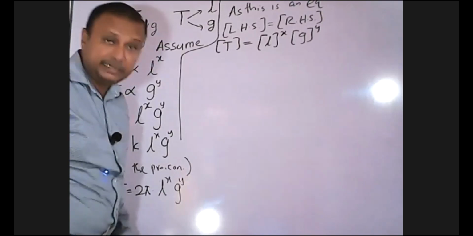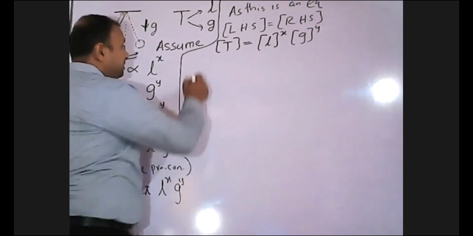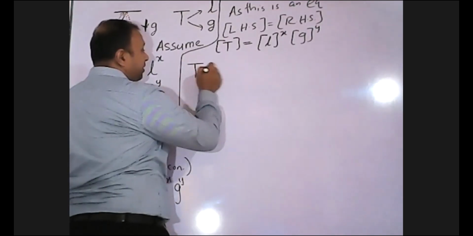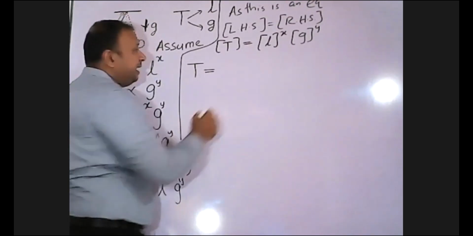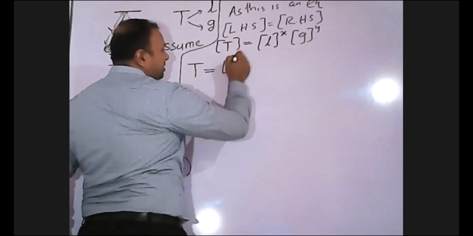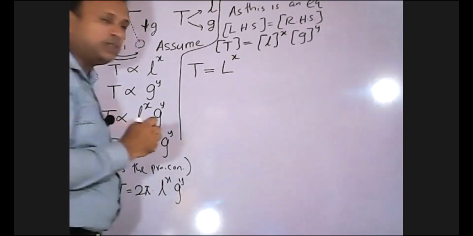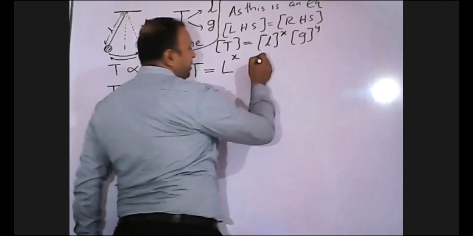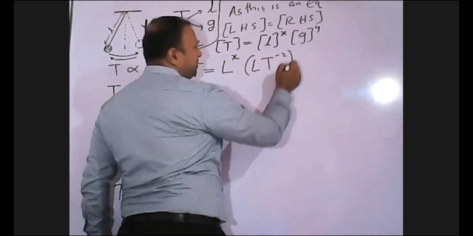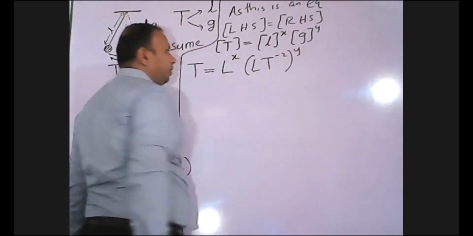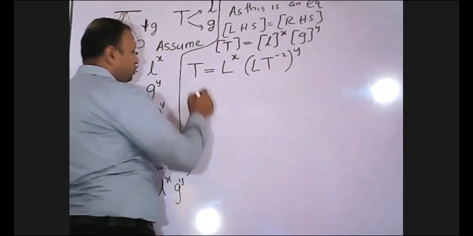So T is a time, and the dimension of T is T. L is a length, so the dimension of L is L. G is the gravitational acceleration, so its dimension is L T to the power minus 2.